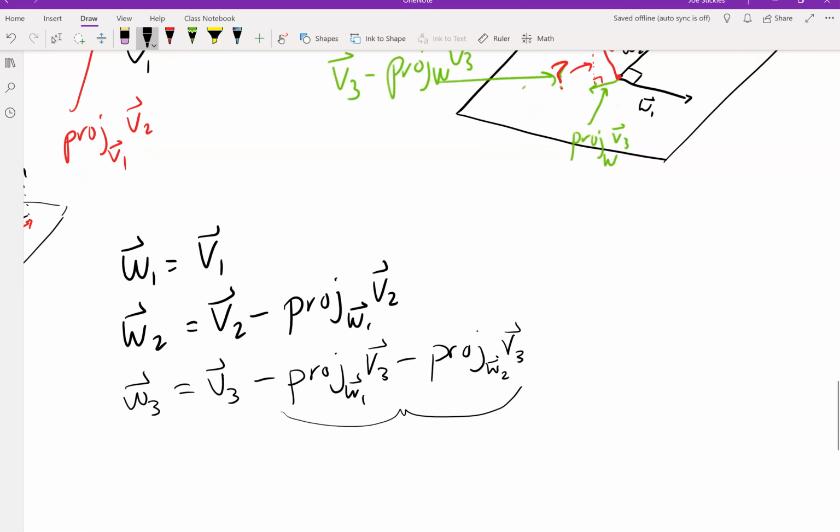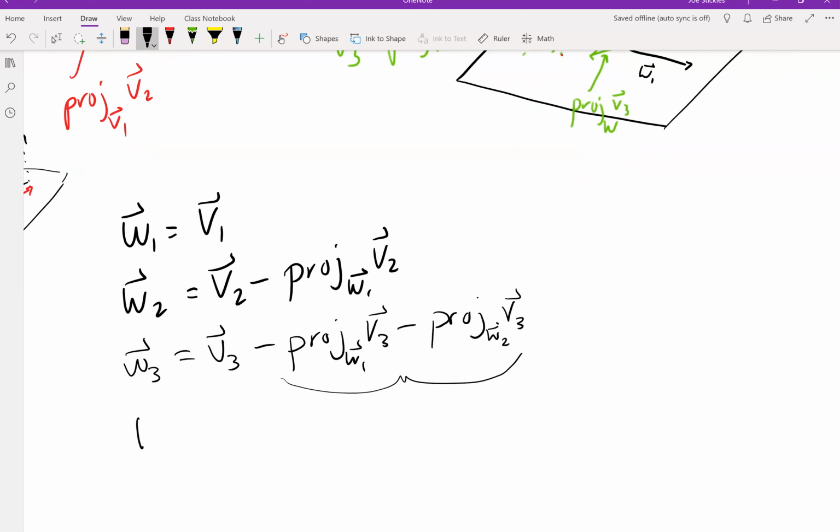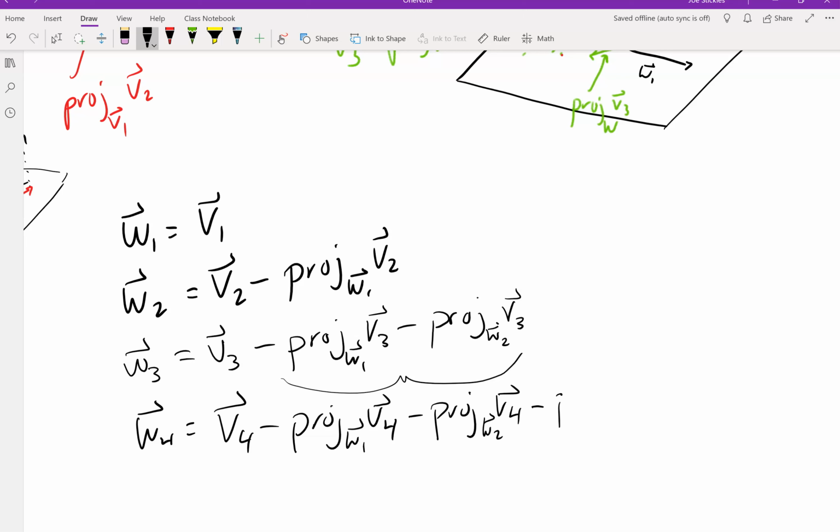And then you continue in the same fashion for the next one. If you had a W4 that you were interested in, you would do V4 minus the projection of V4 onto W1 minus the projection of V4 onto W2 minus the projection of V4 onto W3.